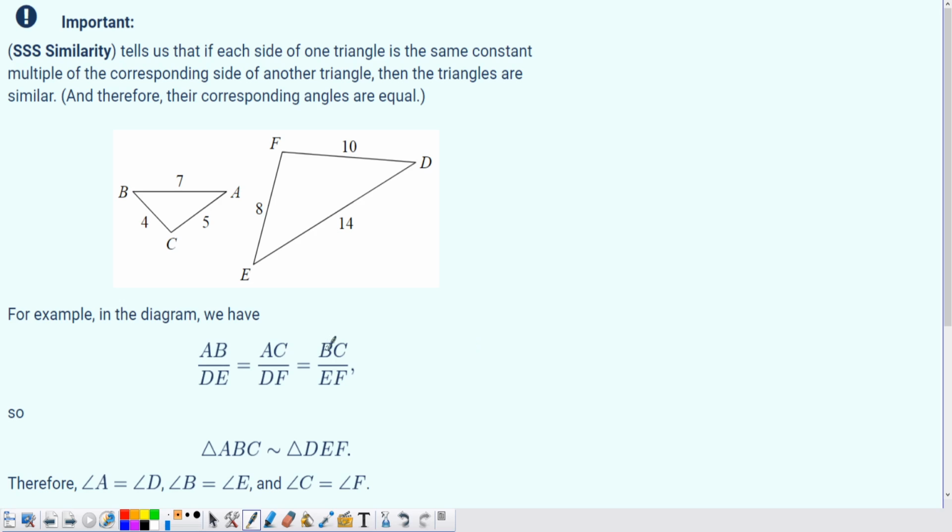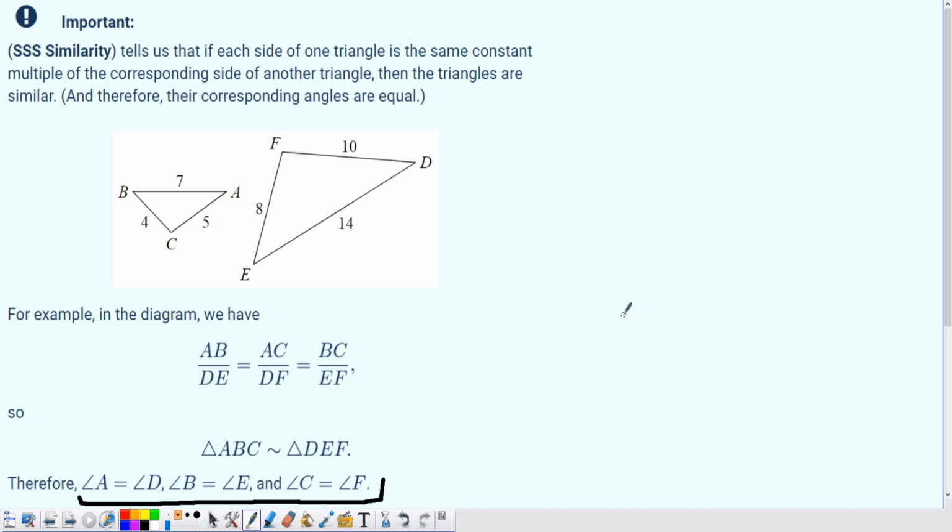So in our picture, we have that AB over DE is equal to AC over DF, which is equal to BC over EF. Hence, we know that all these pairs of angles must be the same.